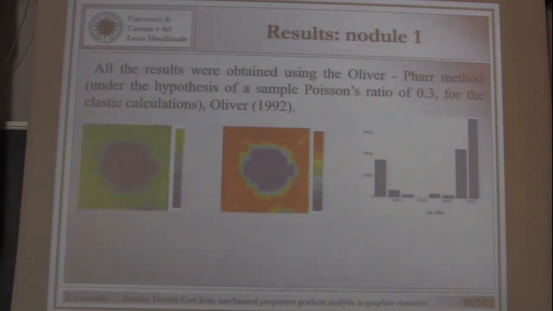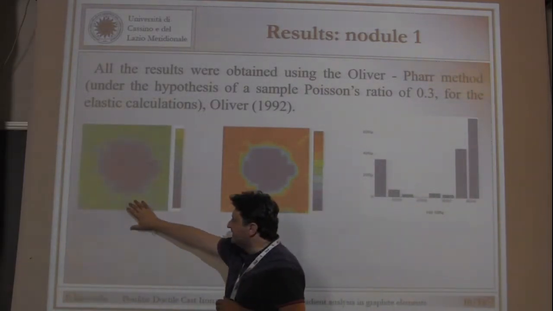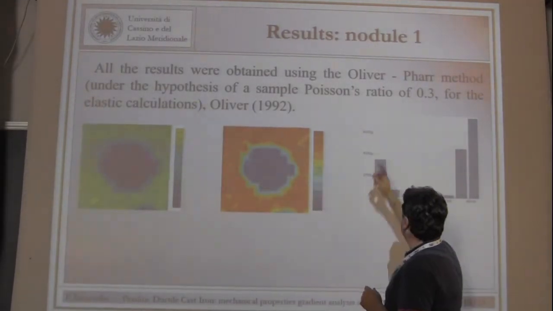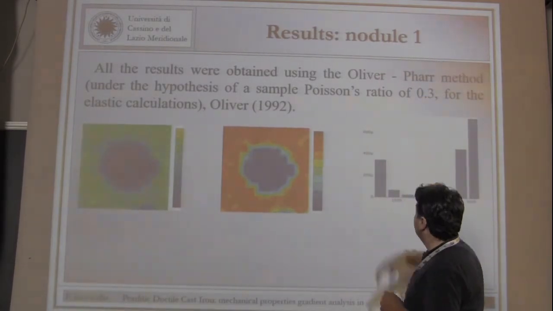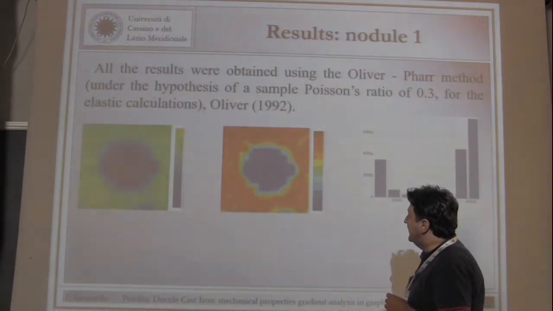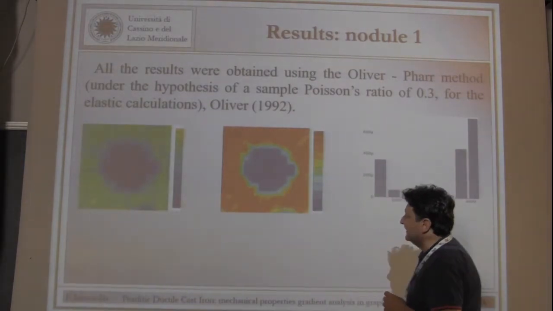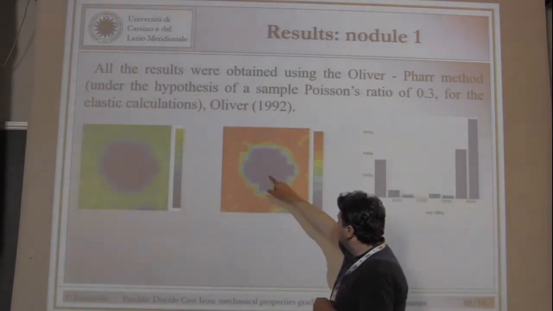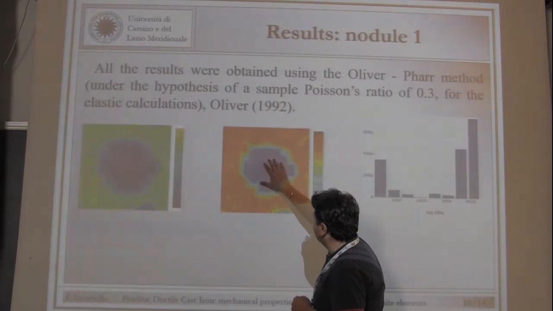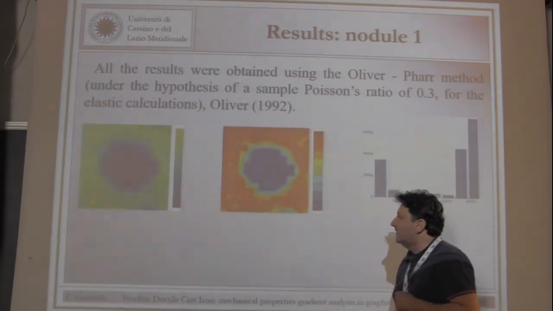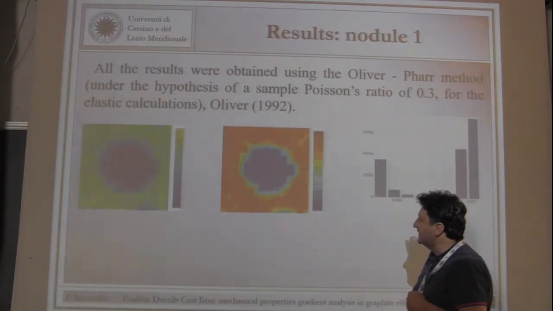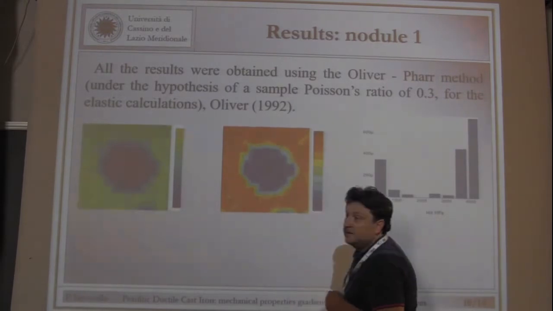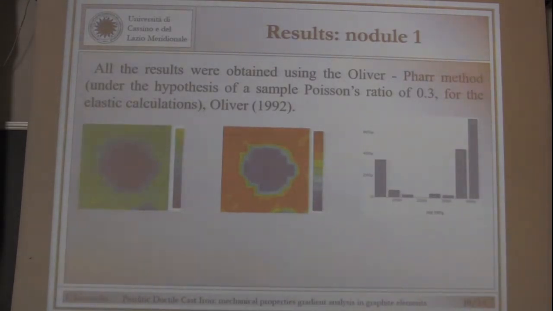This picture is the calculated Young's modulus obtained by the traditional Oliver-Pharr method, assuming a Poisson ratio of about 0.3. And here we have the evaluation of nano hardness. We can see in the center of the nodules we have low values of nano hardness, and in the outer zone we have a sort of ring characterized by the same nano hardness.